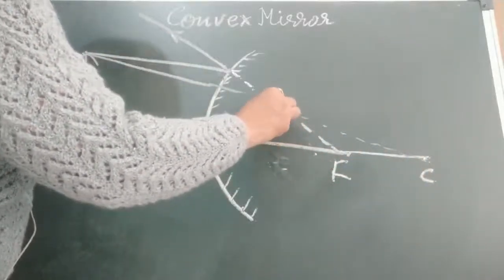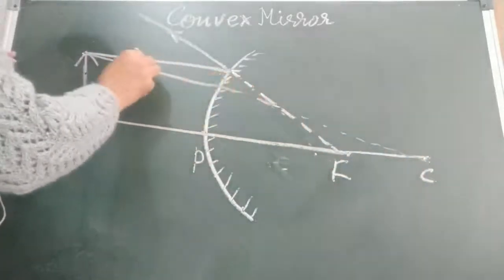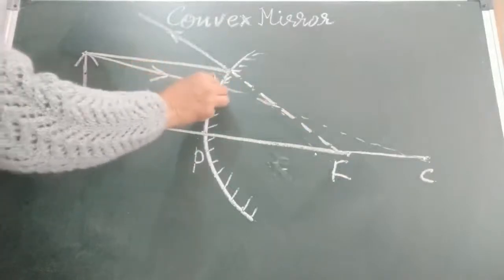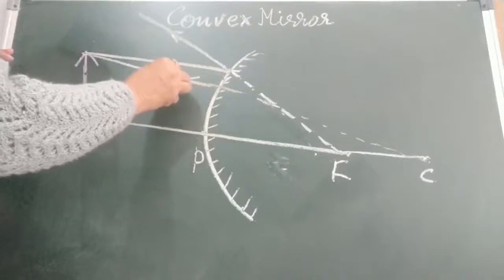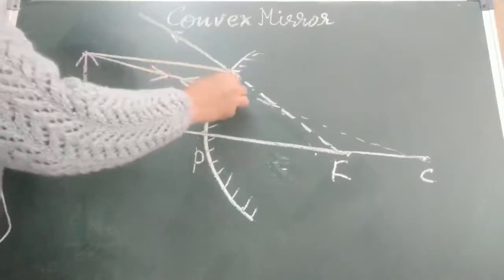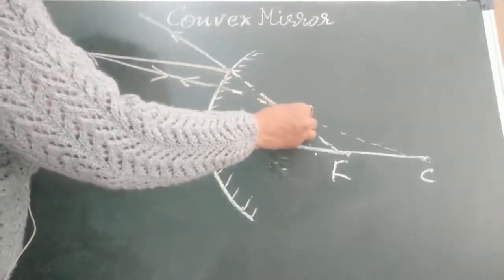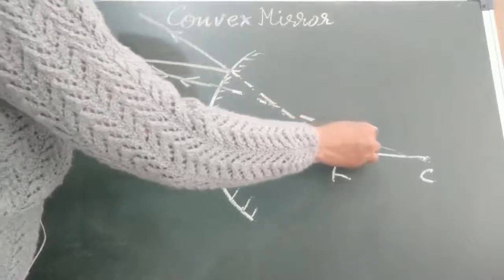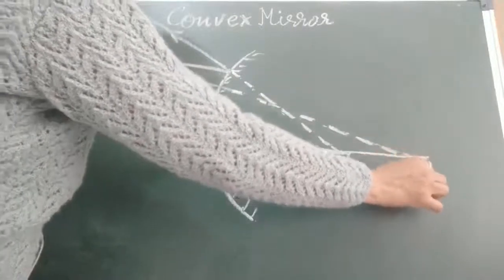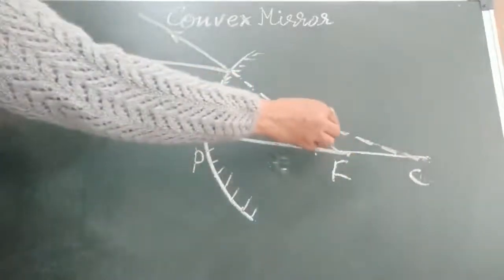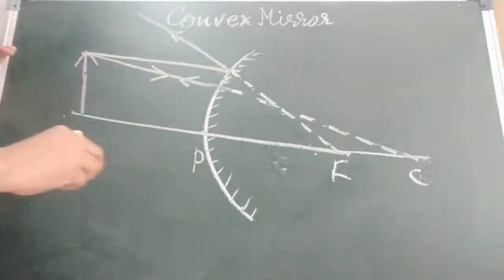And where these two rays pass, it reflects back along the same line, and you see that it seems to be coming from the center of curvature.